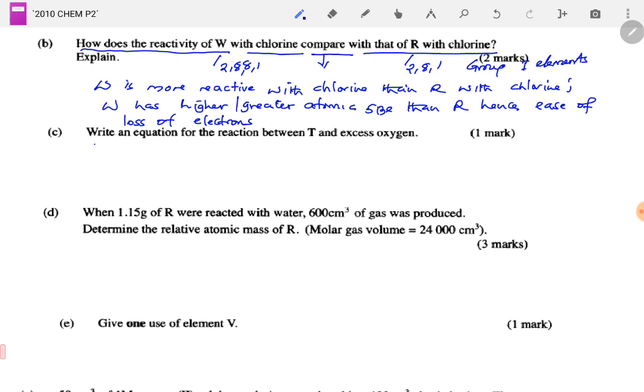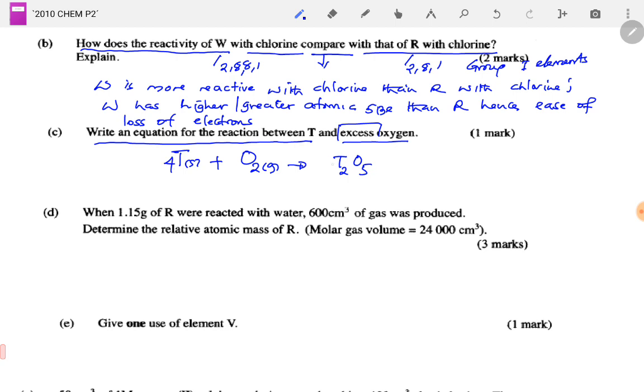And now write an equation for the reactions between T and excess oxygen. So T, solid, oxygen is in excess. So not when it is limited, there is a different oxide. When it is excess, we get a different oxide as well. So this is oxygen gas. In excess, we have phosphorus 5 oxide.